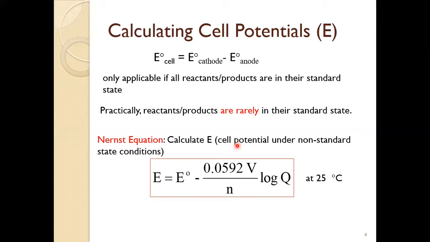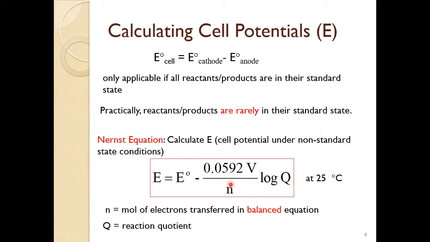That's what's called the Nernst equation, which says that the cell potential under non-standard conditions is equal to the cell potential under standard conditions, a number we can calculate using this equation, minus 0.0592 volts divided by N times the log of Q. Strictly speaking, this somewhat simplified equation is only applicable at a temperature of 25 degrees Celsius. That's where this number comes from. N is the number of moles of electrons transferred in the balanced equation. It's the same value of N that we used in the previous slide to calculate delta G under standard conditions from the standard cell potentials.